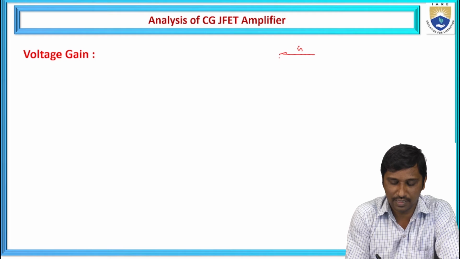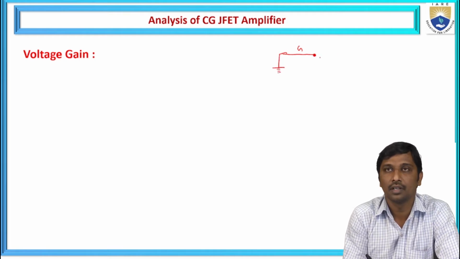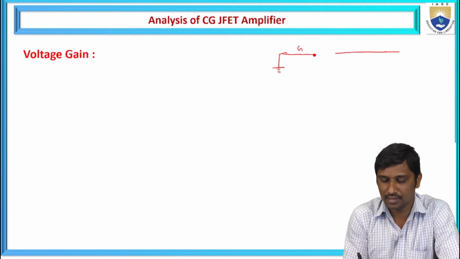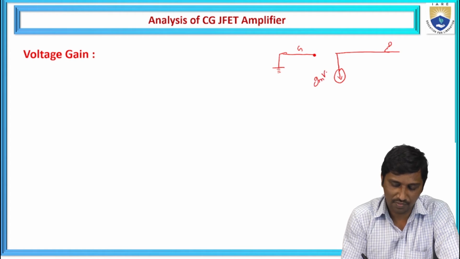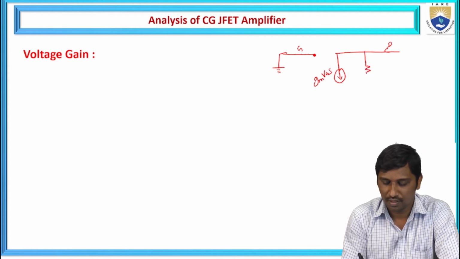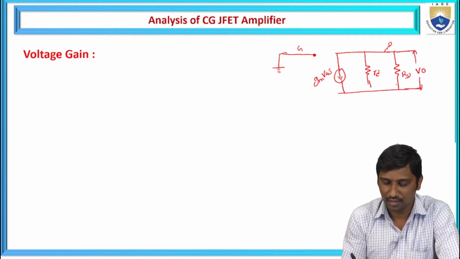So this is the gate, just what we discussed. I'm redrawing the circuit. Let us consider this is the drain. This is gm times VGS. This is small rd, and capital RD. And here we are going to measure V0.